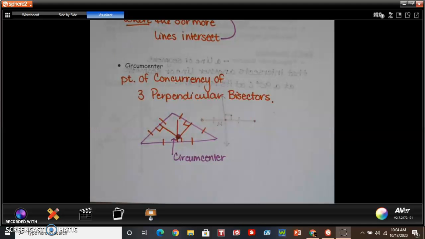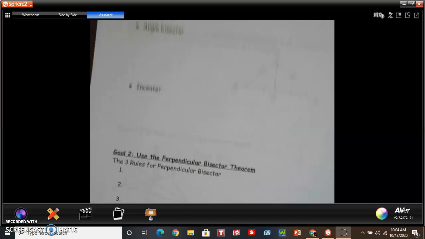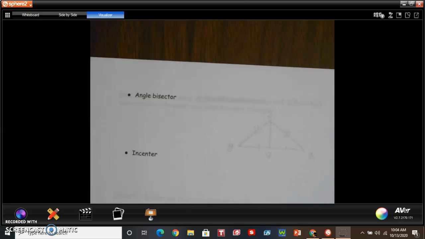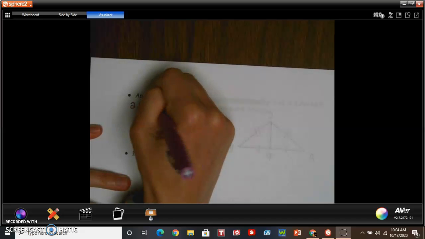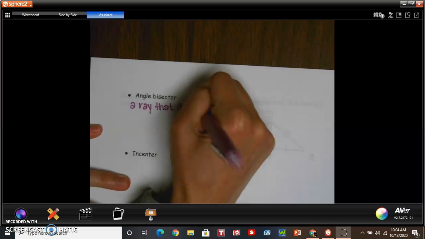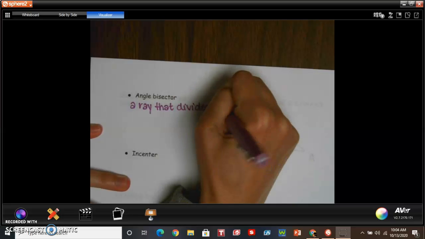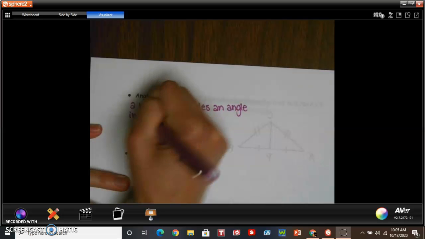Okay? Like I said, this is very vocab intensive this week. All right, we've heard of an angle bisector before. This is just a review, so we're going to talk about it again. This is whenever you have a ray that divides an angle into two congruent angles.